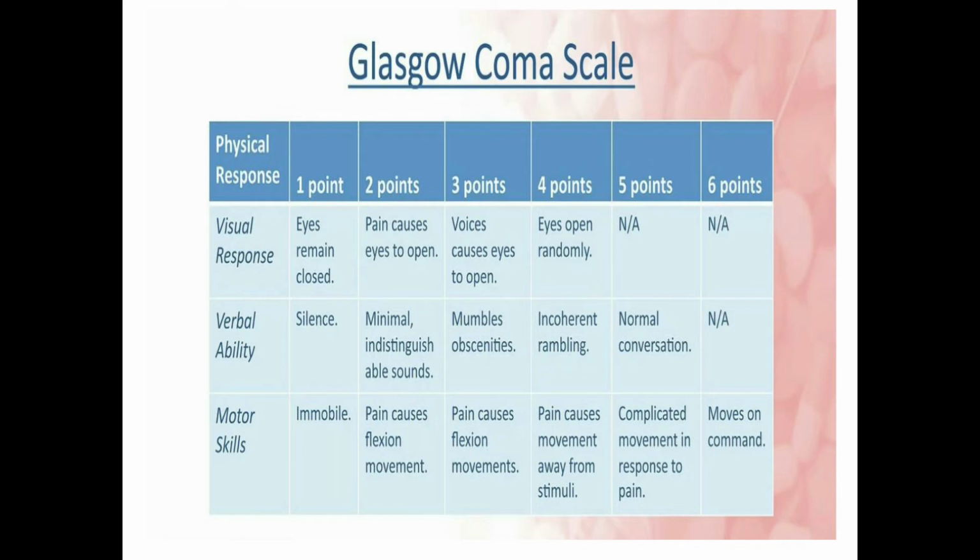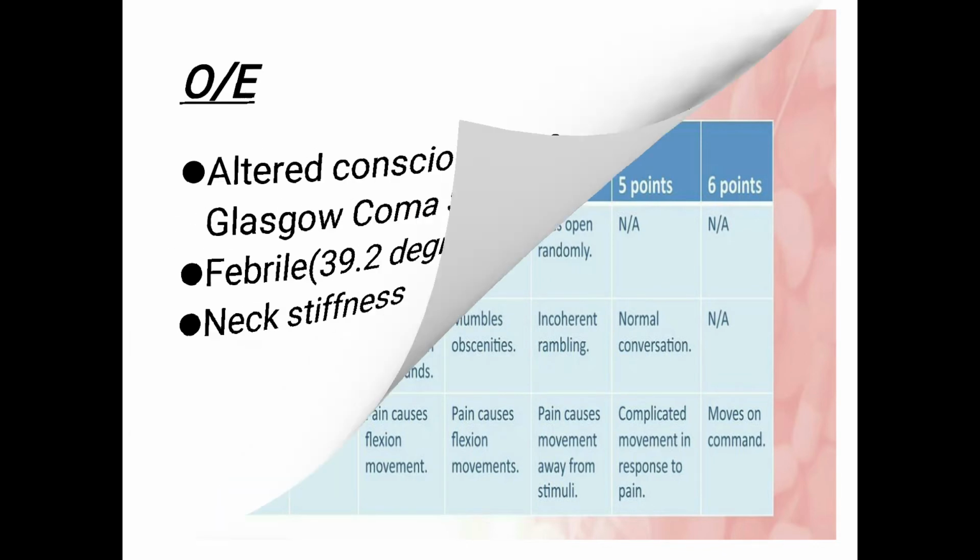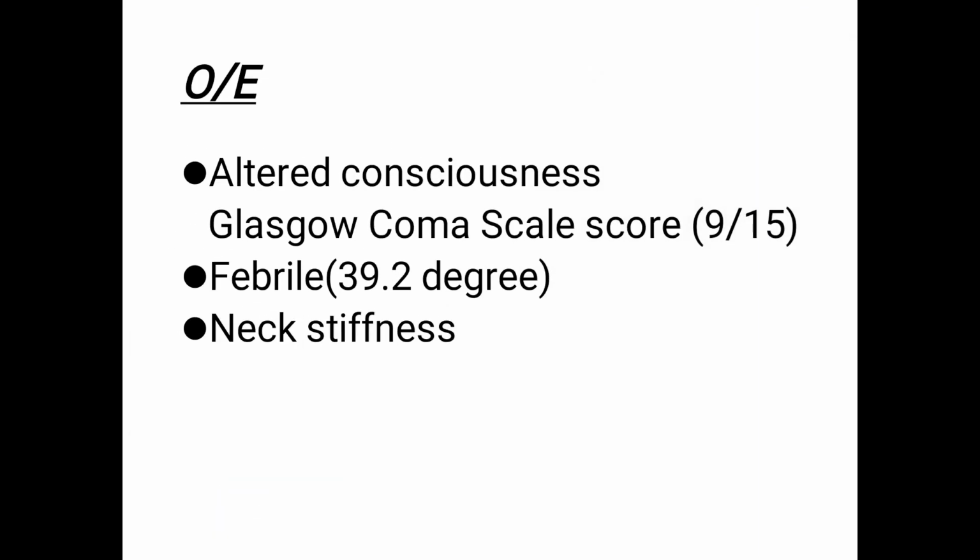The total score is 15, which indicates the patient is having the best response. When the score is 8 or less, the patient is in a comatose condition. And when the score is 3, it indicates the patient is totally unresponsive. As the score of this patient is 9, it indicates the patient is in a stage of altered consciousness.